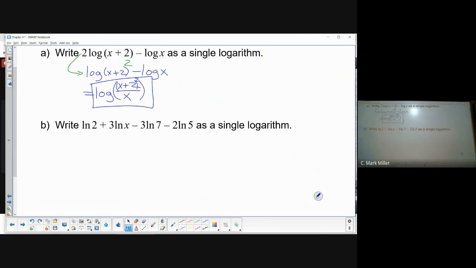How about this next one? Natural log of 2, plus 3 natural log x, which is plus log x cubed, minus log 7 cubed, minus log 5 squared.